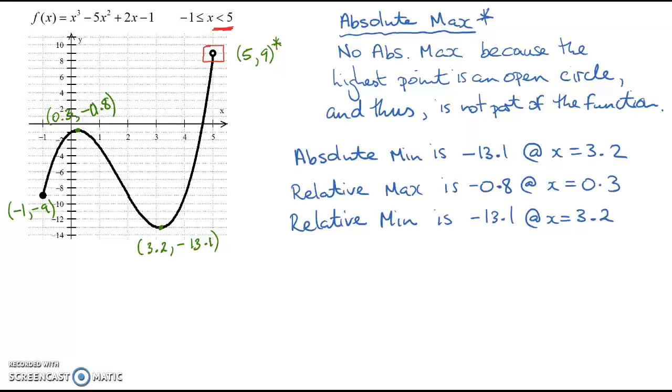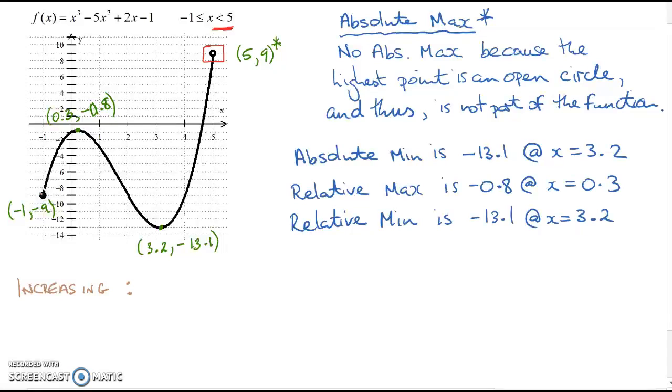Okay, the one other thing we're going to talk about here is we're going to look at places where the graph is increasing and decreasing. So we'll talk about increasing because that's the one that's slightly different. Okay, so remember, for increasing and decreasing, both use x coordinates.